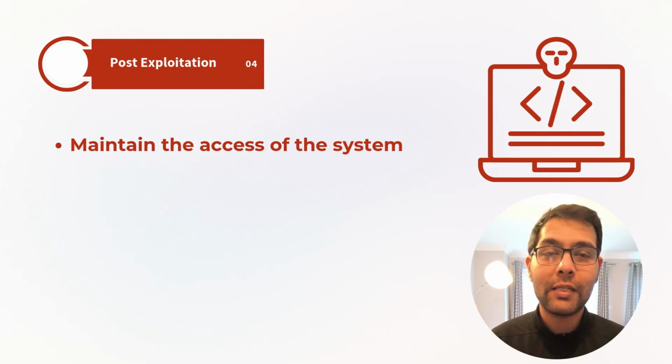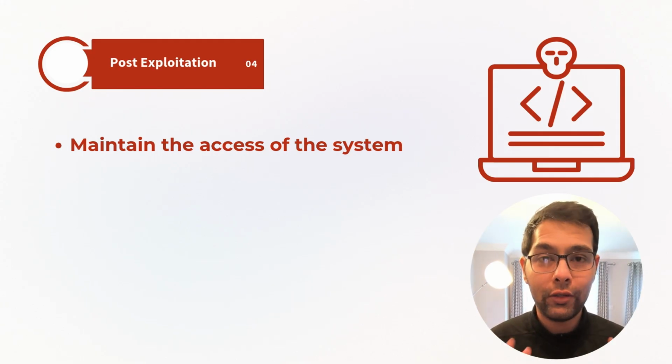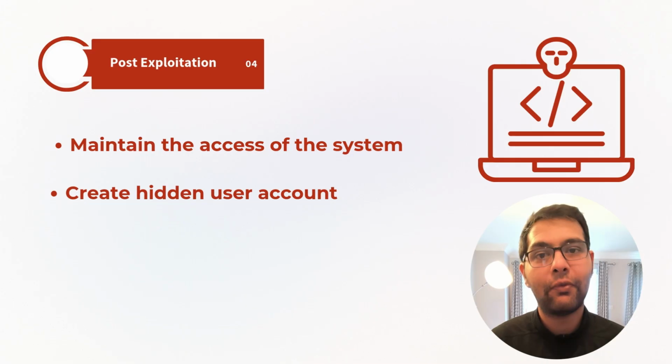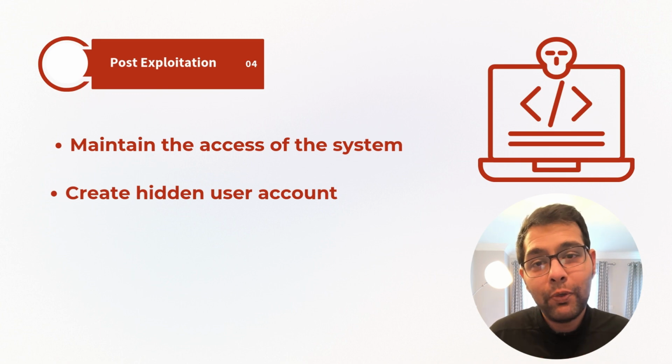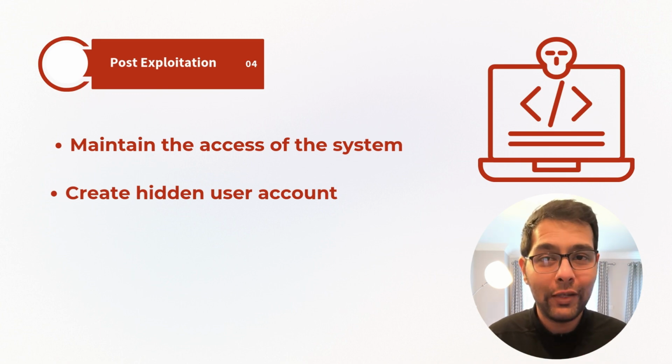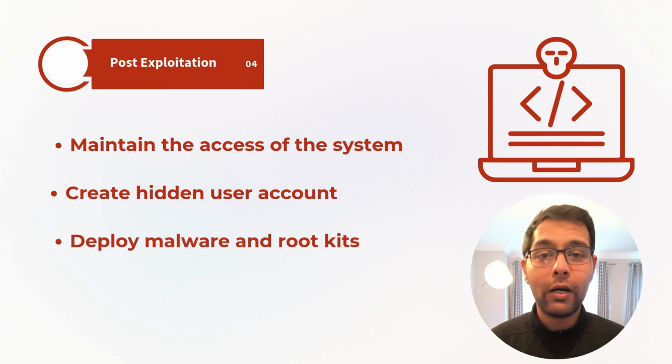Some common post-exploitation techniques that a lot of threat actors have been using include creating a hidden user account, to regain access even if the initial exploit is patched. You still have a hidden account that you can gain access from. Deploying malware or rootkits to maintain long-term control over the compromised system.